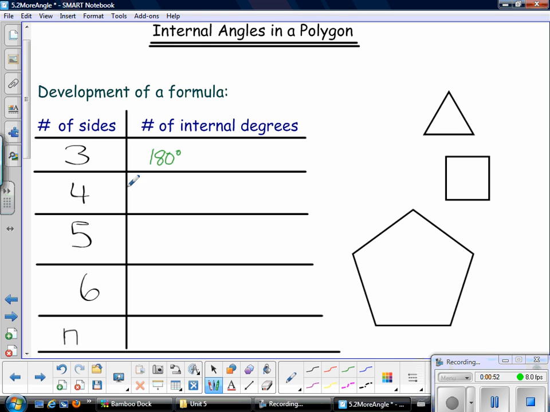We also looked at four-sided objects, and remember what we did is I cut it and it made two triangles, so we knew that was 360 degrees. Now, what about a five-sided object? How many degrees would that be? Well, I could again divide it into triangles, because I know triangles.